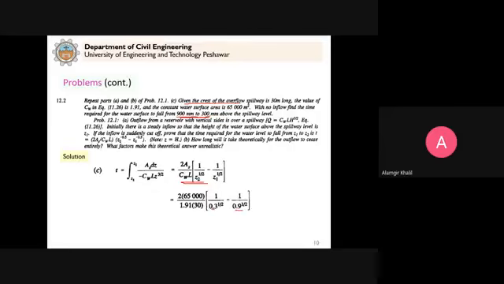Keep the units consistent. So 0.9 and 0.3, and the time that we get will be 1751 seconds, or divided by 60, 29.2 minutes. So this much time it will take for the water level to change from 900 millimeter to 300 millimeter.